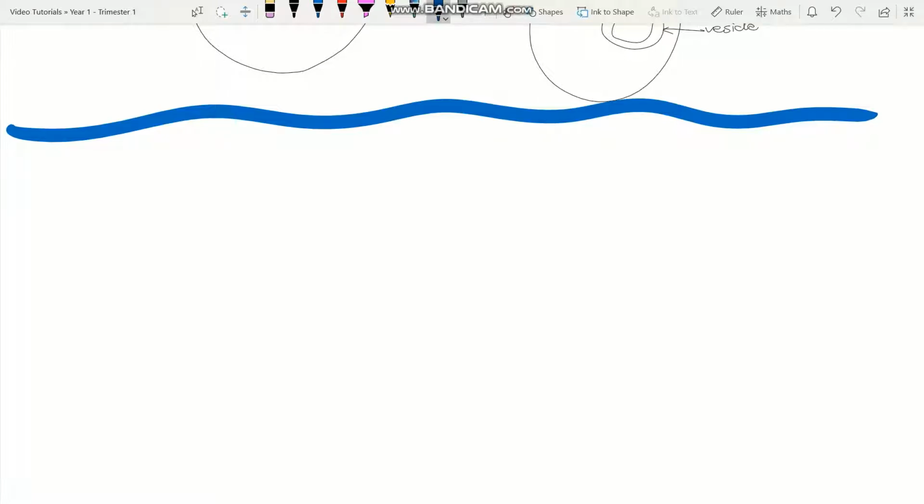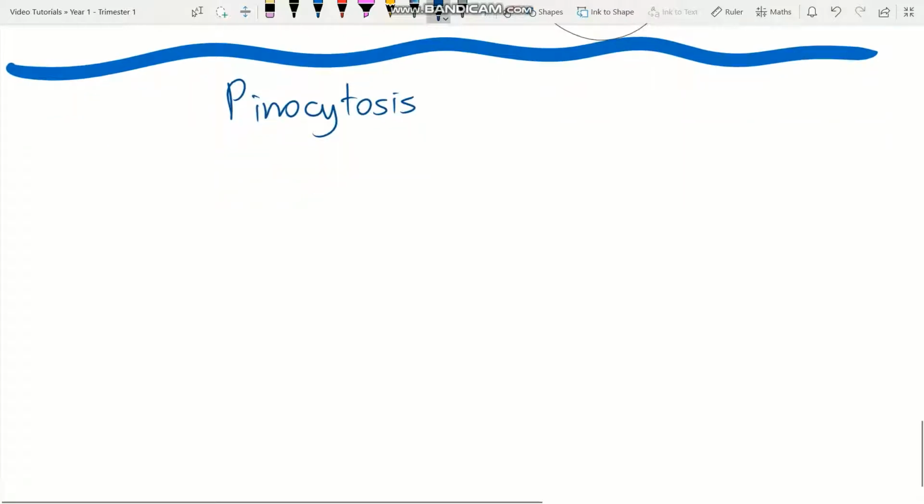Next, we will look at pinocytosis. Now, this process is quite similar actually to phagocytosis. It essentially is identical. Instead of particles being present, however, there are droplets of liquid.